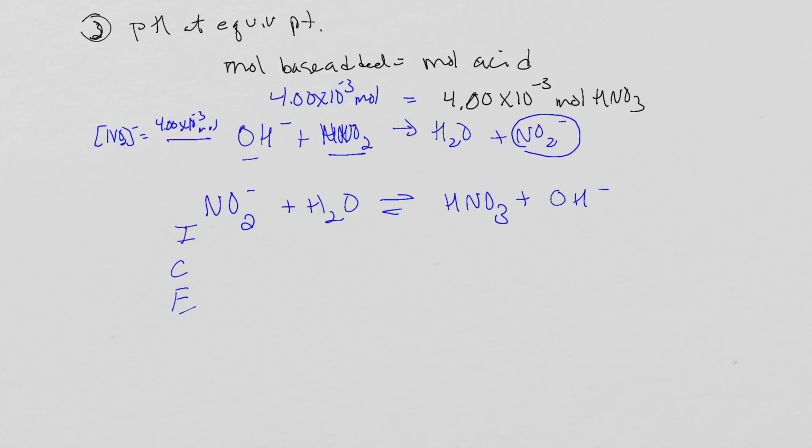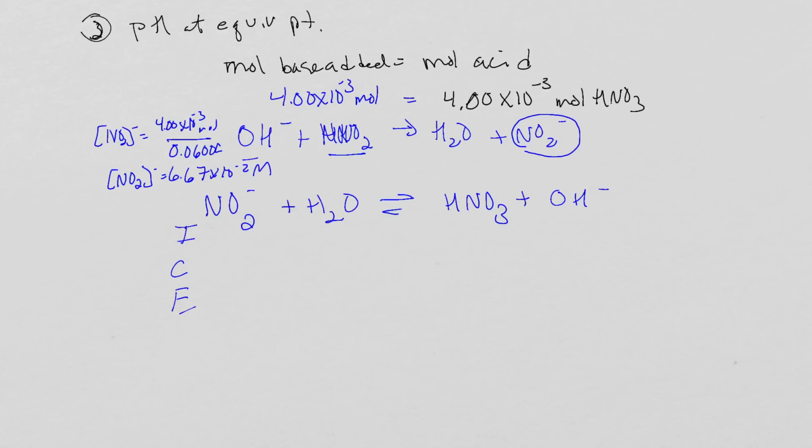Now, remember in the first part of the problem, we solved that it's going to take 20 milliliters to get to the equivalence point. We started with 40 milliliters of acid, so our total volume is going to be 60 milliliters or 0.06 liters. So if we do the math, the concentration of NO2 minus at the beginning is going to be 6.67 times 10 to the minus 2 molar.